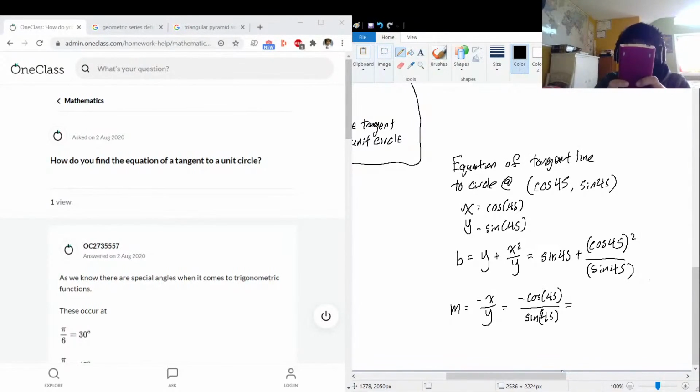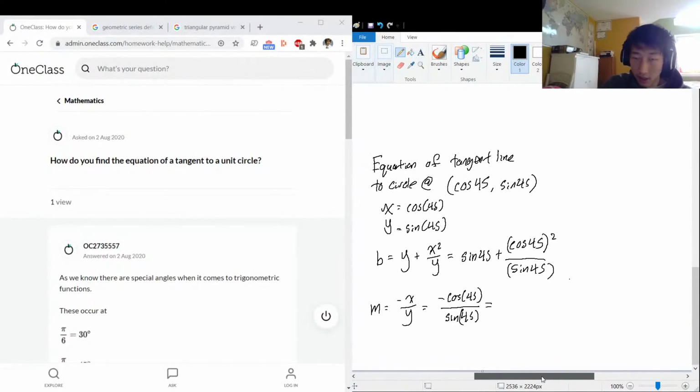So if we have sine 45 plus cos 45, times cos 45, divided by sine 45, that is equal for the b to be positive 1.414.